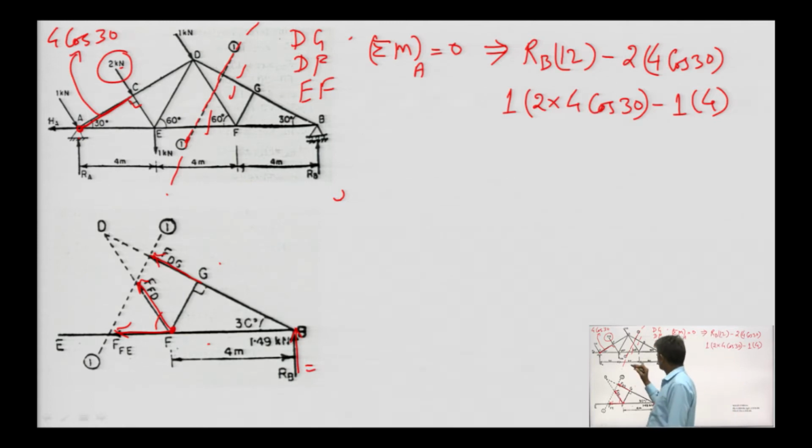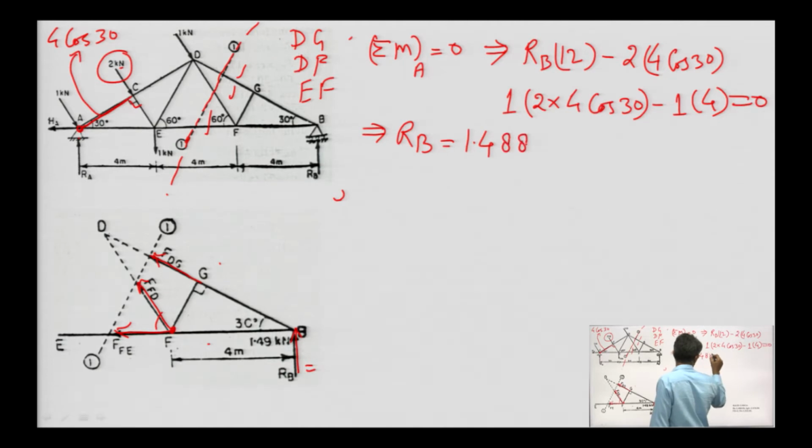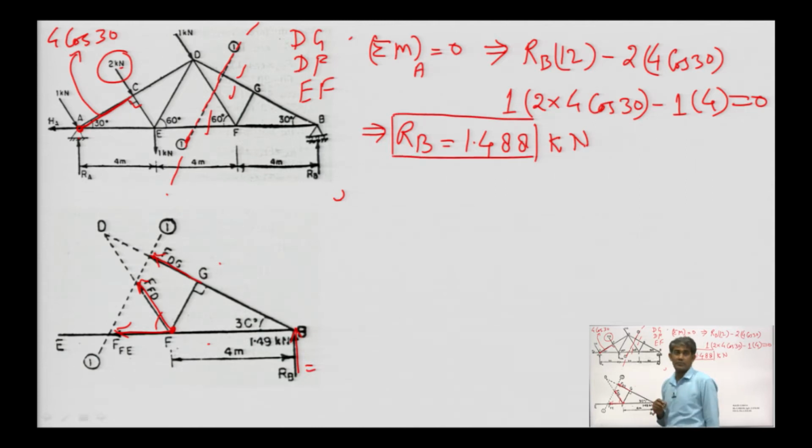Any other force? No. So, that value is 0. By putting in the values, we get RB as 1.488 kilonewton.